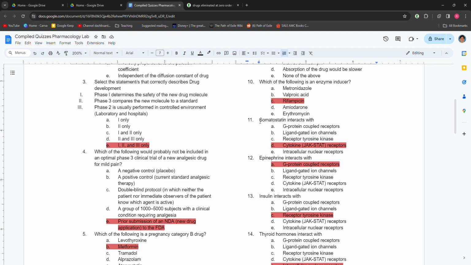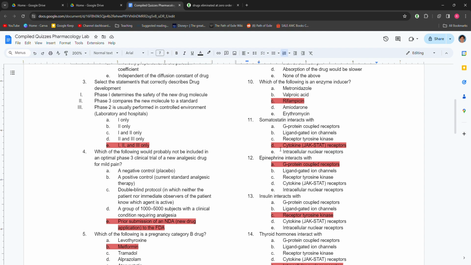Number 11, somatostatin, which is an antagonist of growth hormone, interacts with the cytokine receptors JAK-STAT system. So that's the Janus kinase signal transducer and activator of transcription system.